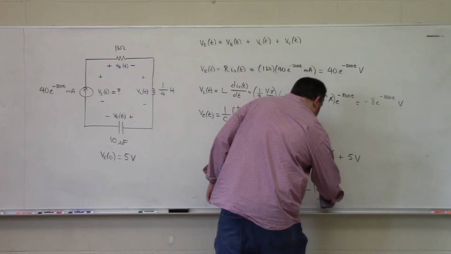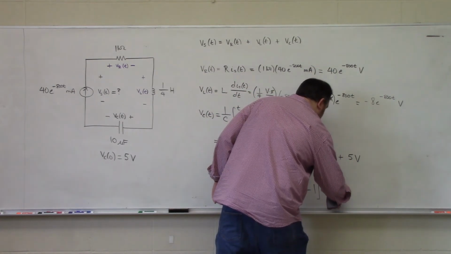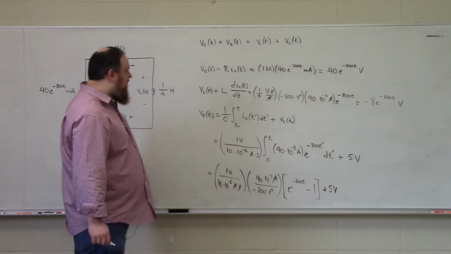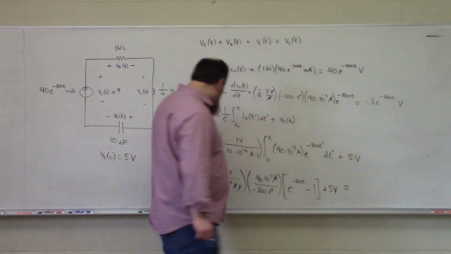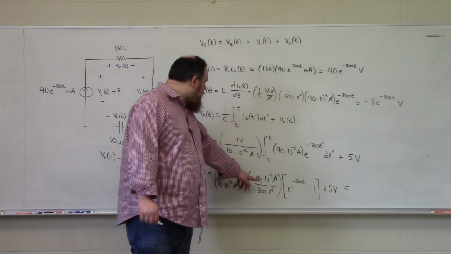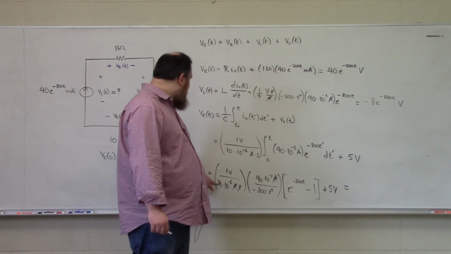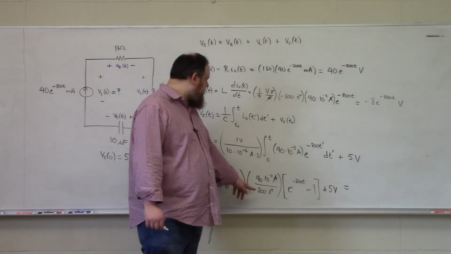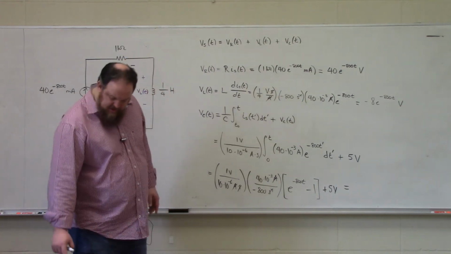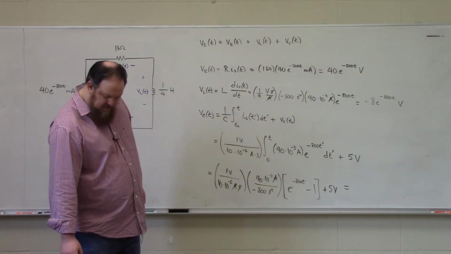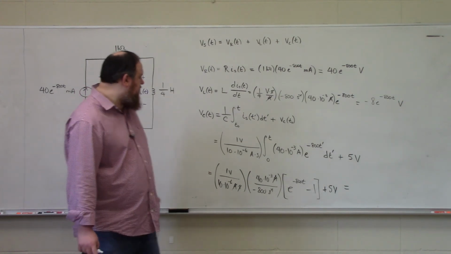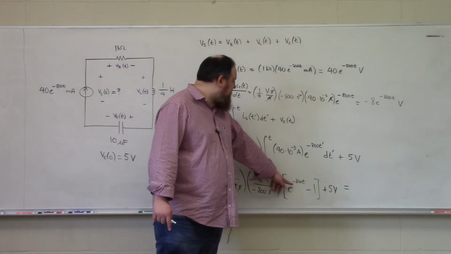And to this, I'm going to add 5 volts. And I'm running out of room here, so I'll try to sneak it in. So this 40 times 10 to the minus 3 divided by 10 times 10 to the minus 6 times negative 800 gives me 5 e to the minus 800t.